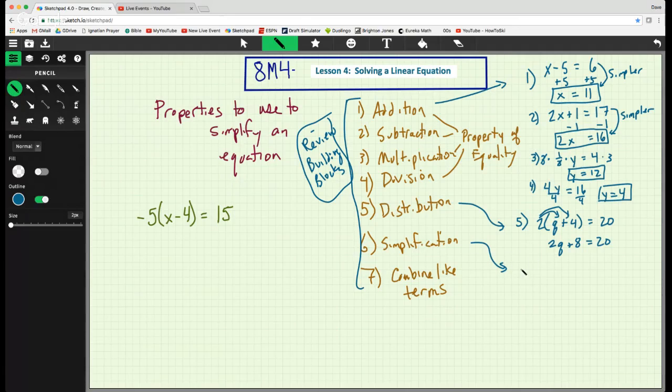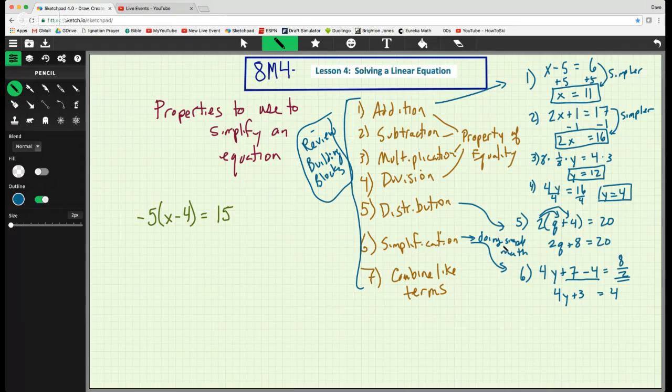Simplification simply means this. Don't get too confused by this one. If you have 4y plus 7 minus 4 equals 8 over 2, simplification would be the step that says 7 minus 4 is 3, so that goes to 4y plus 3, and dividing 8 by 2 gets you down to 4. So that's simplification. Simplification means doing simple math.